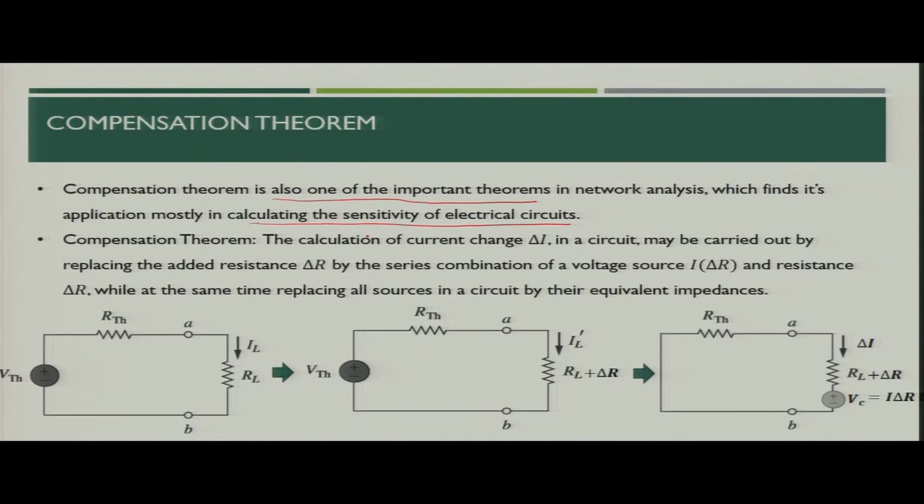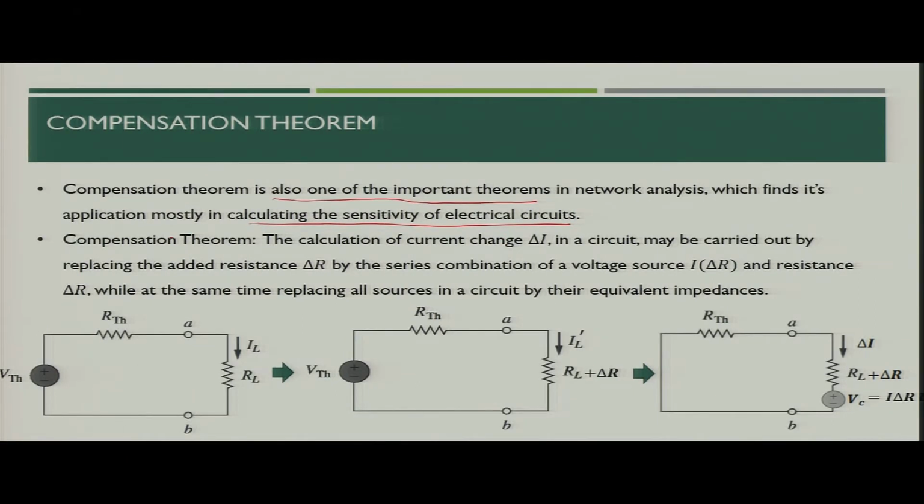Sensitivity means when you change the value of voltage a little bit, say delta V, how much the current will change in that particular segment where you are trying to find out the sensitivity. So, that will give you the value of sensitivity of that particular circuit element or segment.